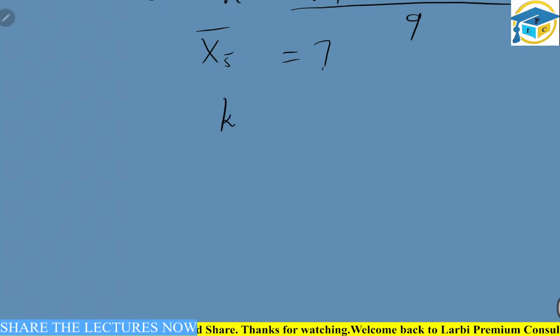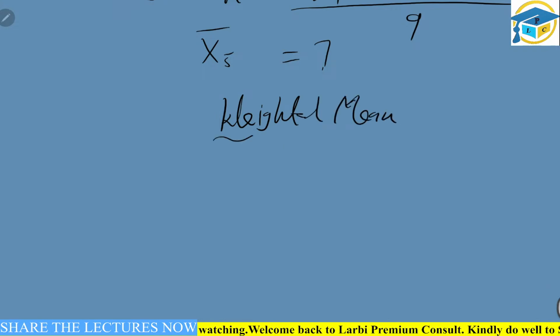So we have the weighted mean. The key takeaway is that with the weighted mean, each data value has a weight placed on it so that we can find the mean.